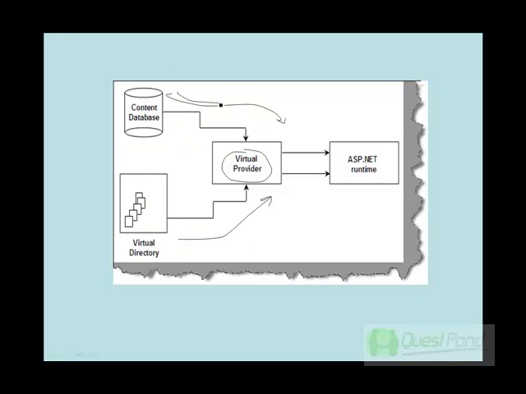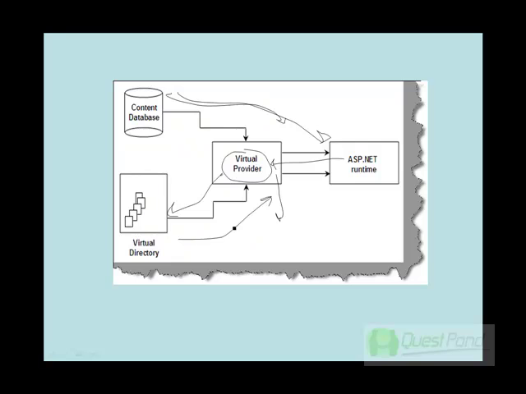If so, it goes to the content database, fetches it, and gives it to the ASP.NET runtime. The runtime parses the page and gives it back to the handler, and the handler gives it back to the client. In the same way, if it is a common page like settings.aspx or forgotpassword.aspx, that's fetched from the virtual directory, your file system normally, and given back to the end user.